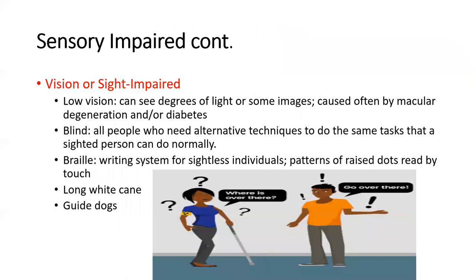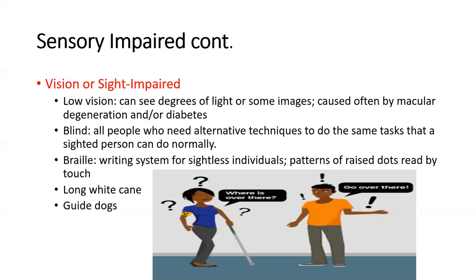When dealing with patients with vision or sight impairment, they can have low vision in which they can see degrees of light or some images. And this is often caused by macular degeneration and or diabetes. Some patients may be blind, and these are people who need alternative techniques to do the same task that a sighted person can do normally.